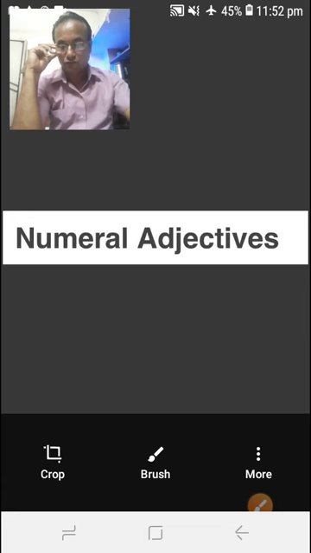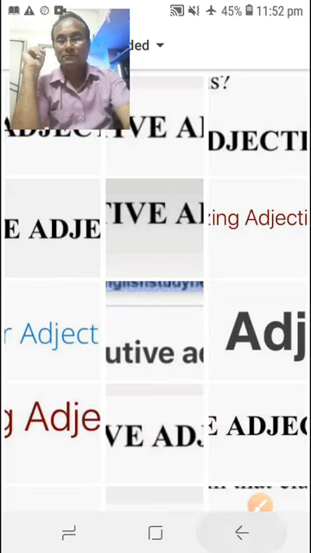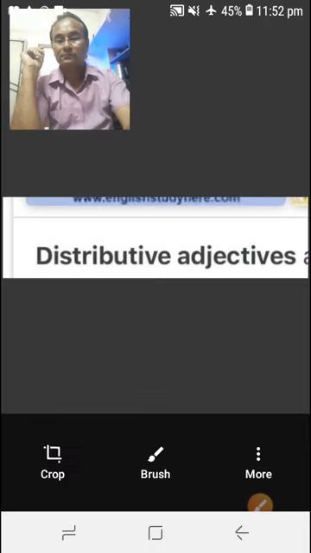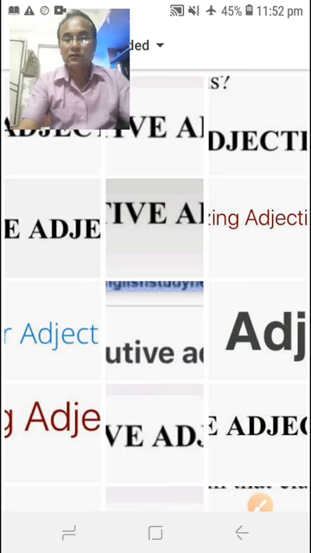So these are the adjectives we have discussed, and I hope and trust you will try to understand the questions or fill in the blanks given in the textbook, and try yourselves to write the answers.